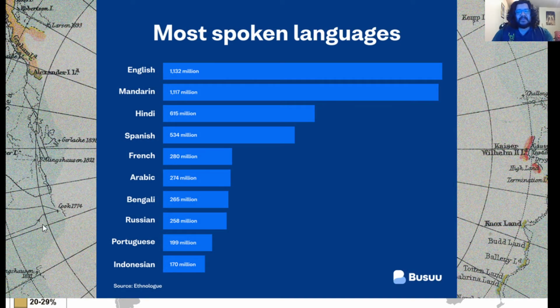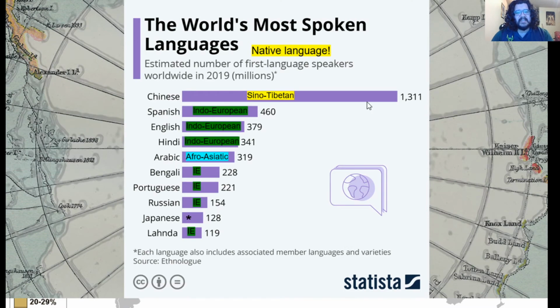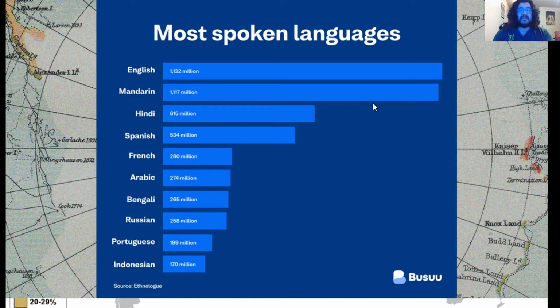Now, if we think about spoken languages in general, we're not looking at native languages anymore. Here, we're looking at the native language, the first one they speak. Here, we're looking at just any language that a person speaks and how many they speak. And we see that English ekes out its first place spot in terms of the most spoken. So even though a speaker may have another native language, if we include the people who speak English as a second or a third or a fourth, fifth, sixth, seventh, eighth language, for you polyglots out there, English takes the cake easily.